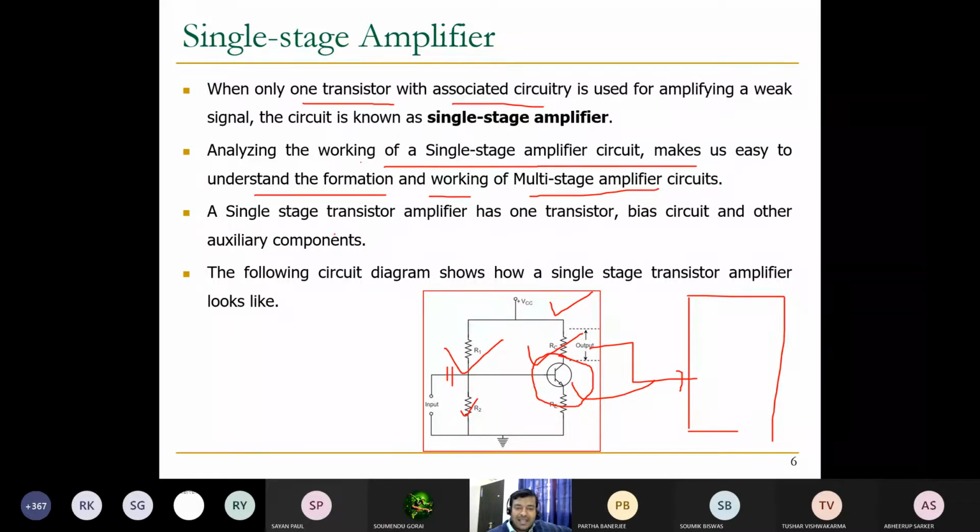A single stage amplifier has one transistor, bias circuits and other auxiliary components.